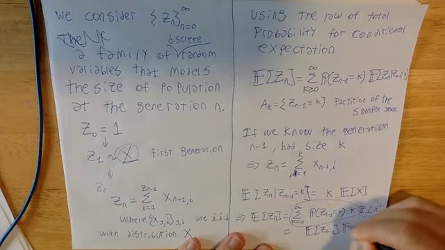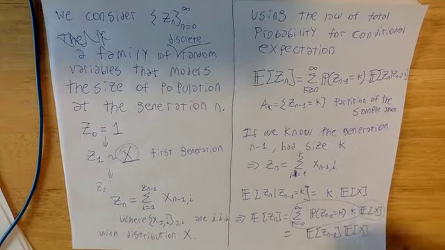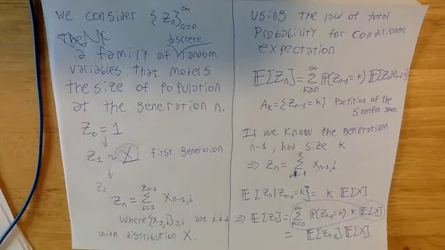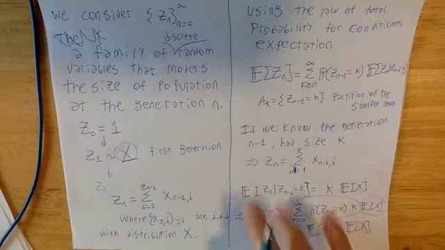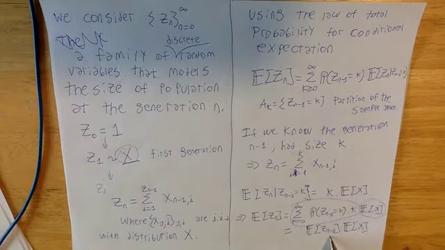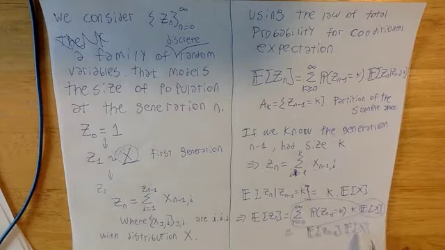So here we have a recursive formula to calculate the expectation of zeta n: the expectation of zeta n is equal to the expectation of zeta n minus 1 times the expectation of X.